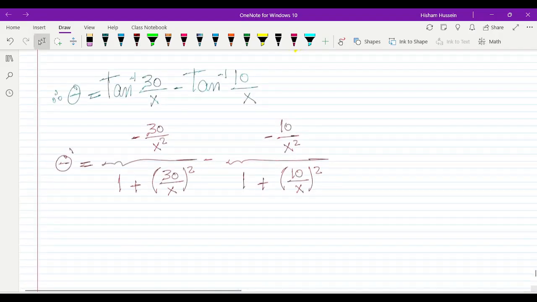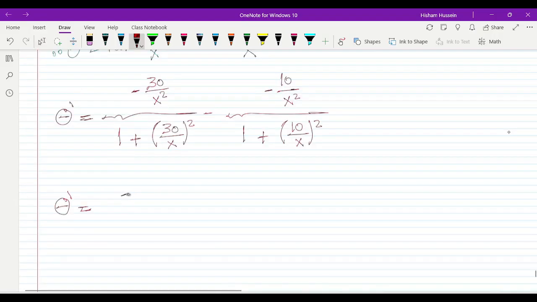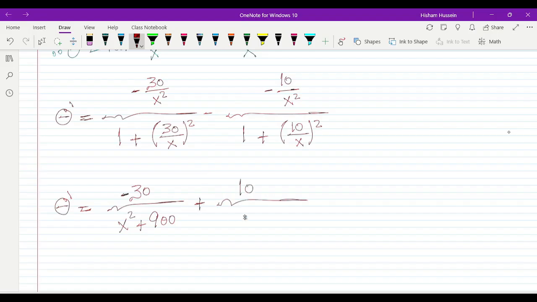To simplify the form of these functions, multiply by x squared up and down. Then theta dash is negative 30 divided by x squared plus 900, minus the negative, so positive, 10 divided by x squared plus 100.